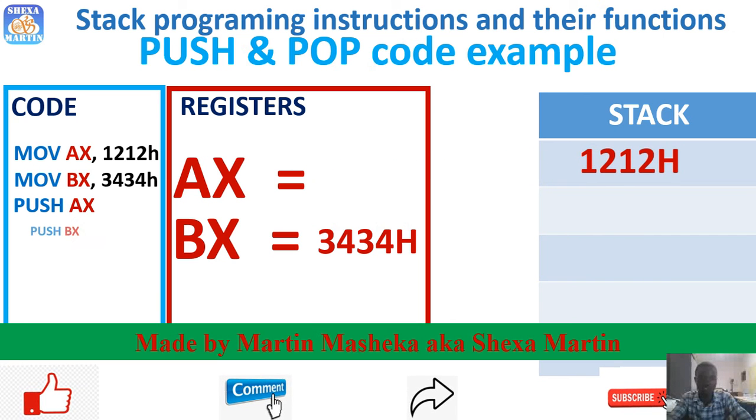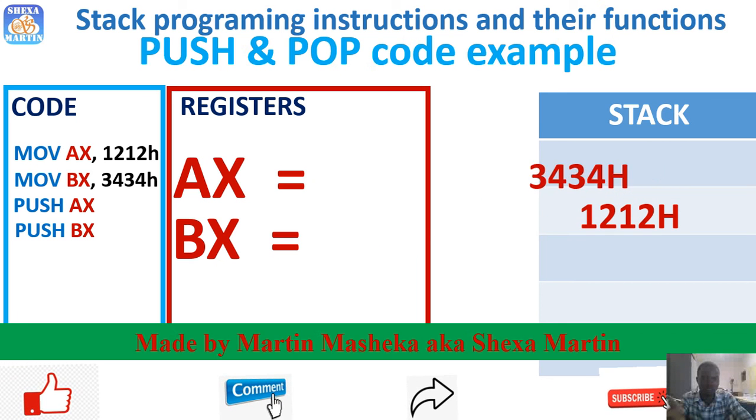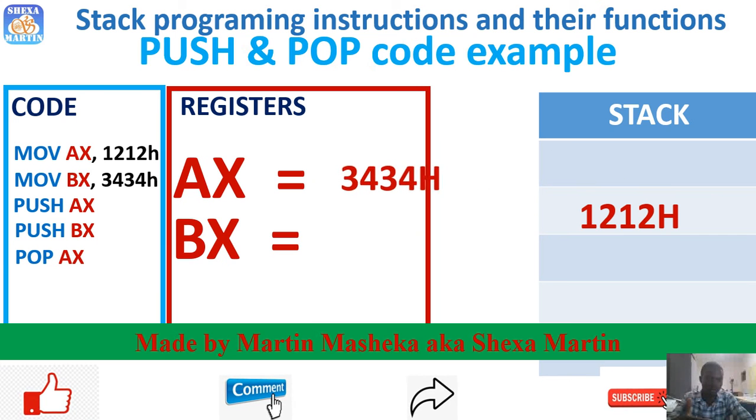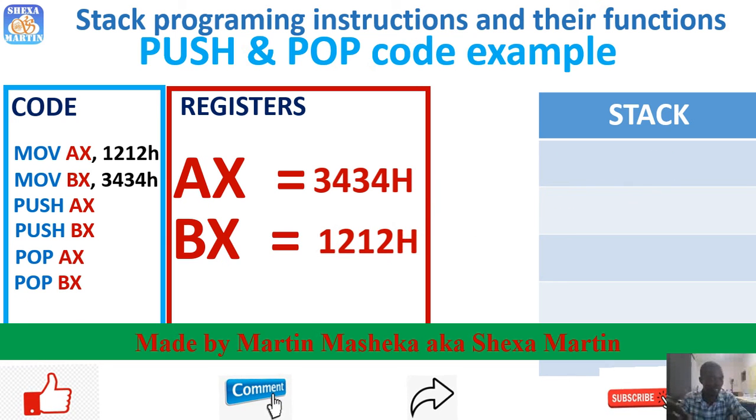This is what happens with push BX. That's what happens. Pop AX, that's what happens. Then pop BX, that's what happens. So that's a push and pop code example for you: an instruction-writing code which exchanges the values of two 16-bit values.